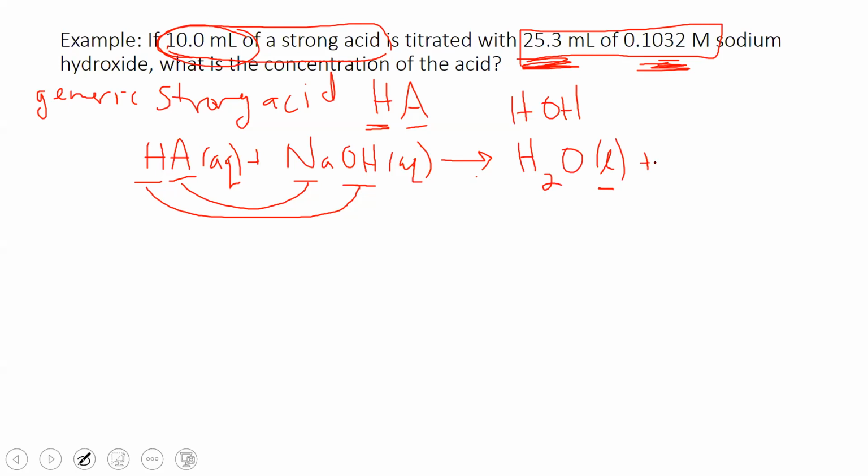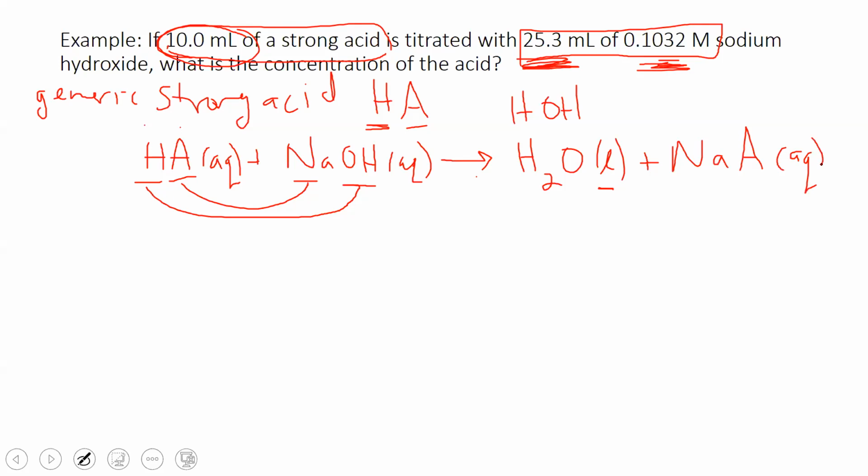And the other product will be the sodium and the A minus. Now it's an A minus because it's an acid, it's giving up H plus. So H plus and A minus over here, and it makes sodium A, and that'll be aqueous.